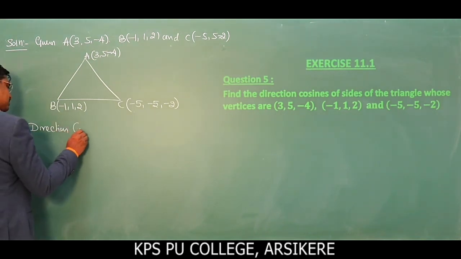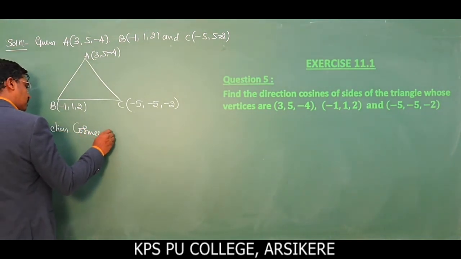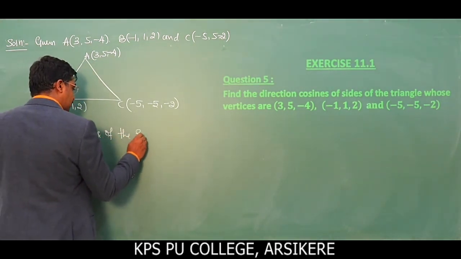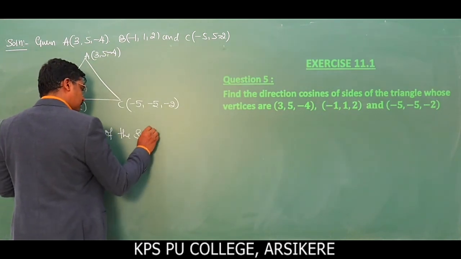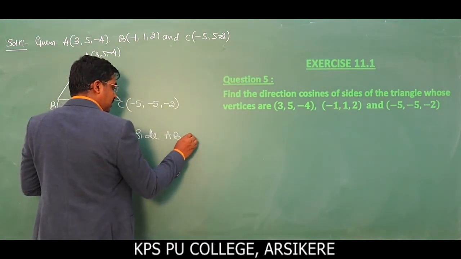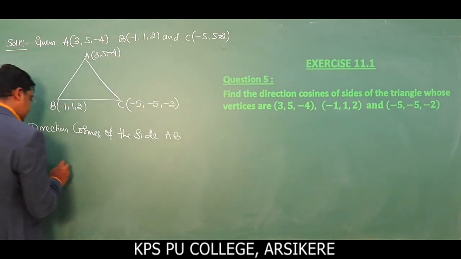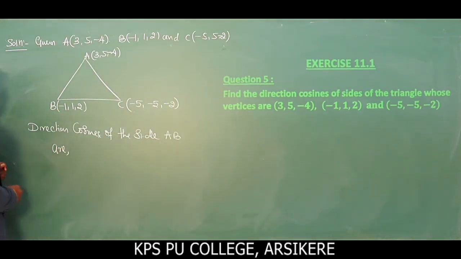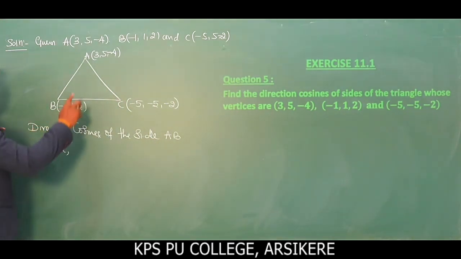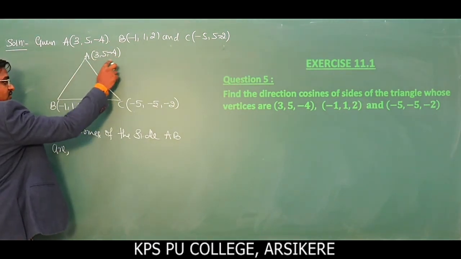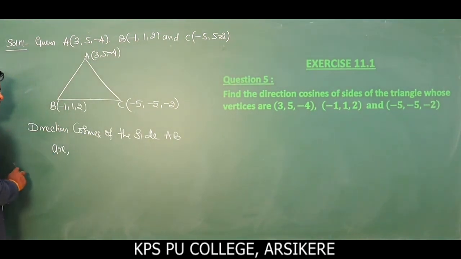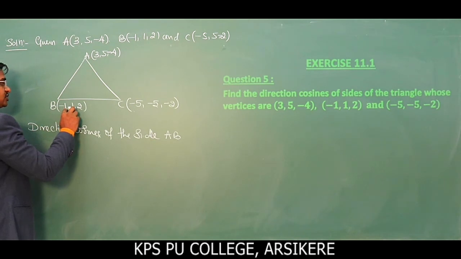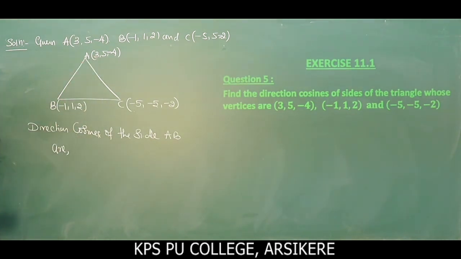Direction quadrants of the side AB. So what is AB here? Take the points x1, y1, z1 and x2, y2, z2. This becomes x2 minus x1, y2 minus y1, z2 minus z1, divided by the distance AB.